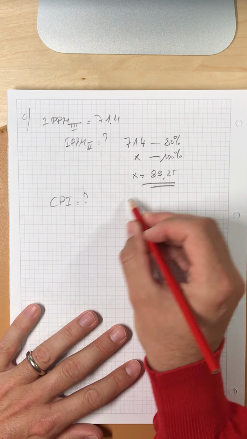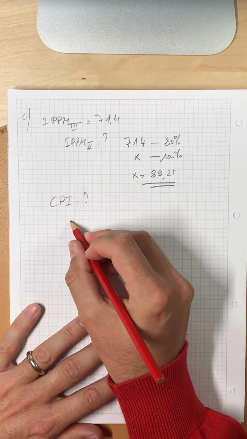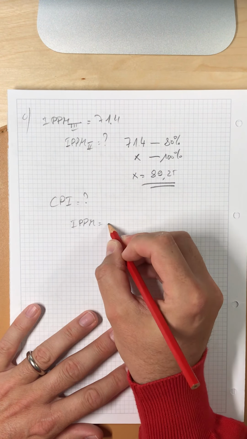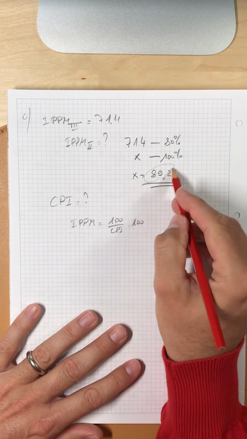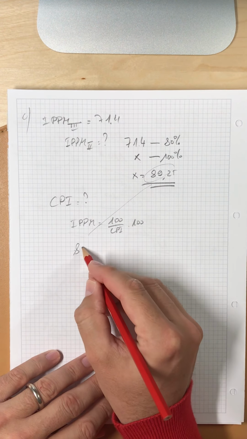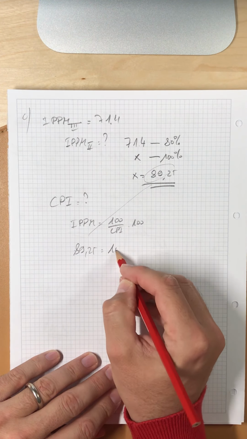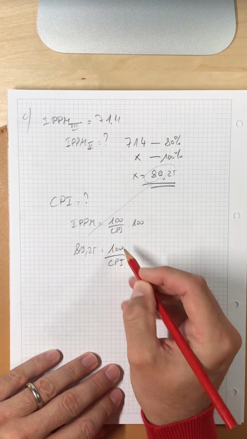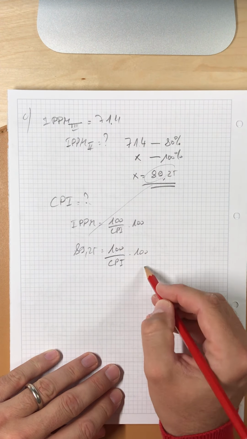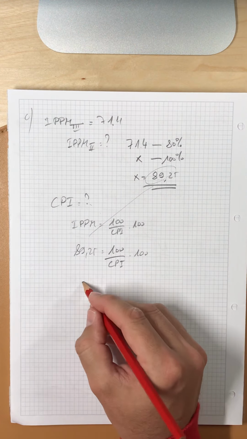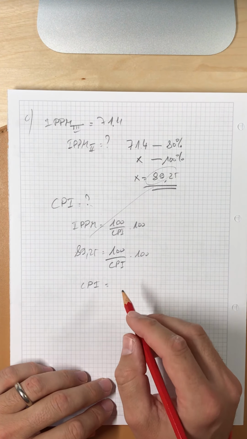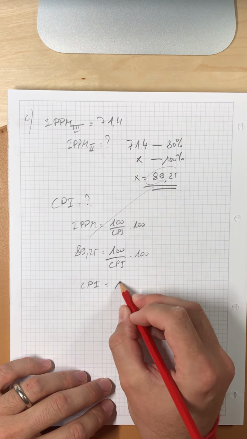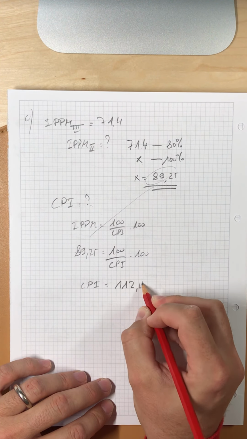So 89.25 is equal to 100 over CPI, question mark, times 100. And you shake it, and you will find the CPI is equal to 112.05.